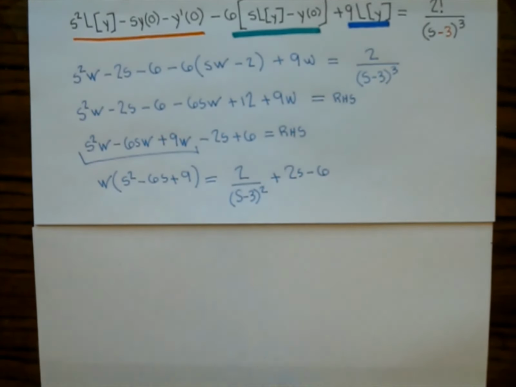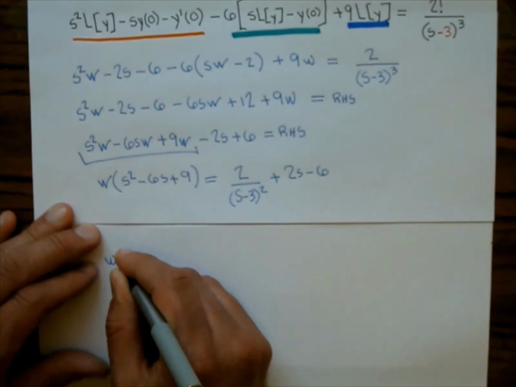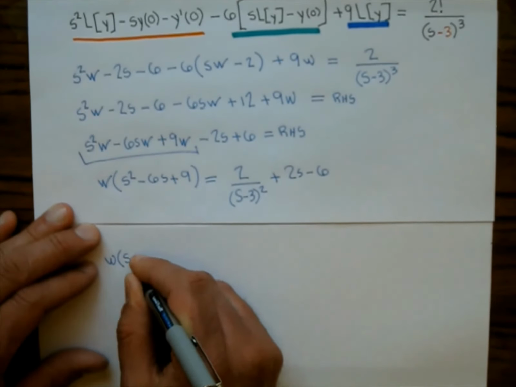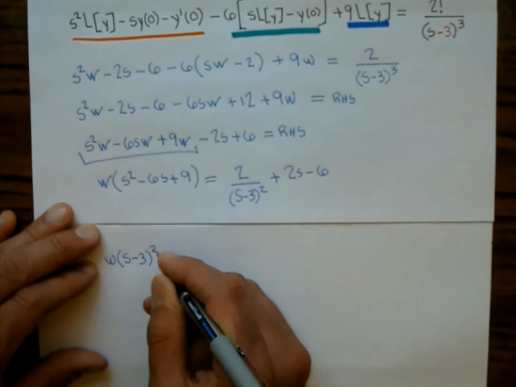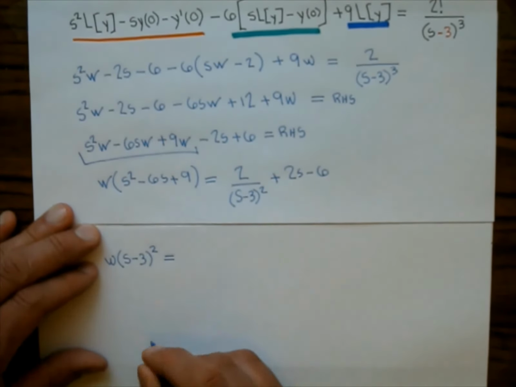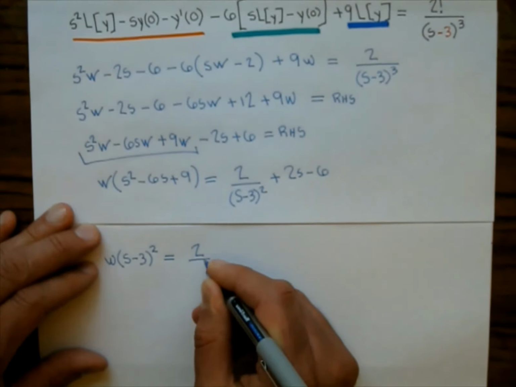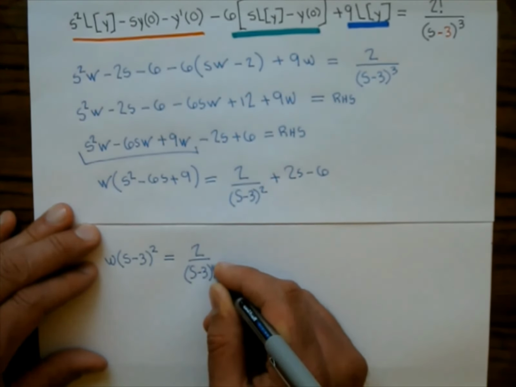On the left-hand side, this thing is going to factor, so this is W. We have S minus 3 squared, so that actually factors into S minus 3 times S minus 3. This equals 2 over S minus 3 squared.